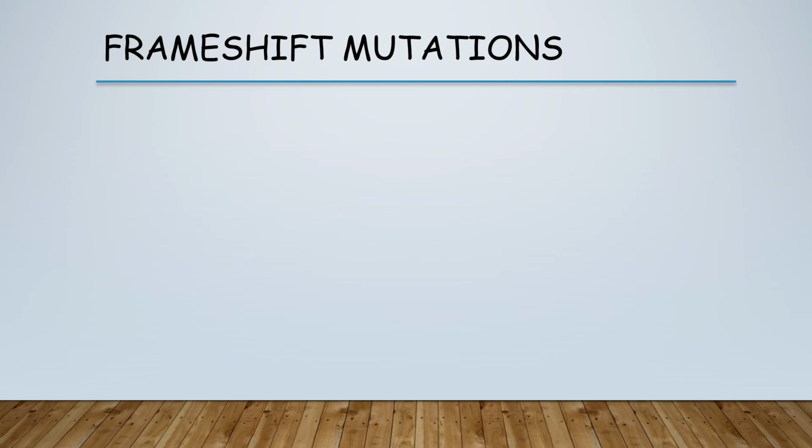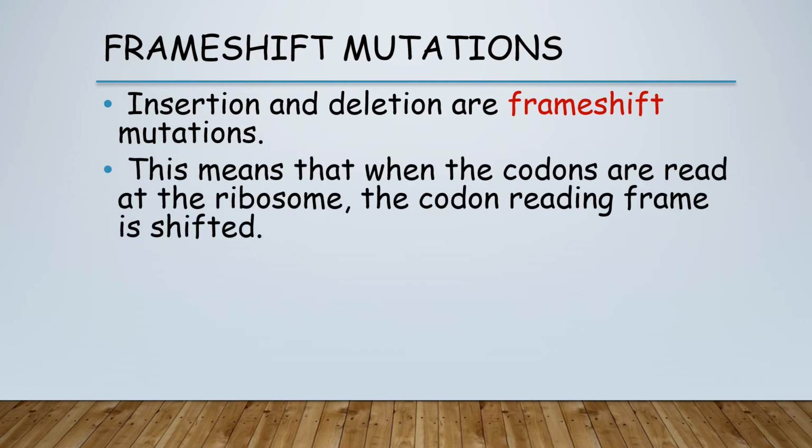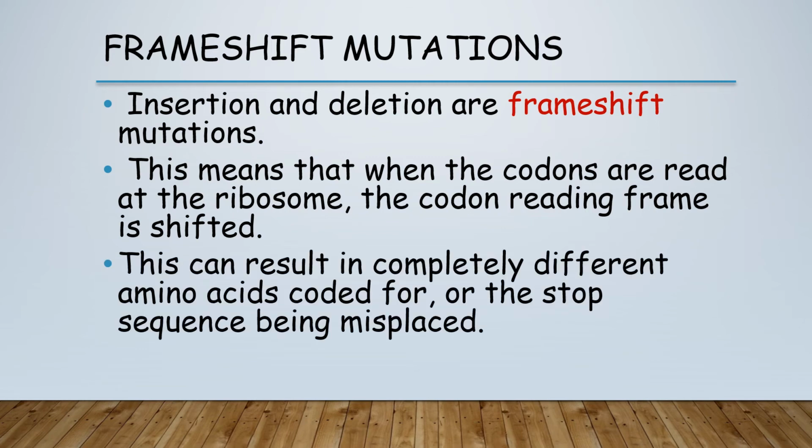So these insertion and deletion mutations are referred to as frame shift mutations. That's because when the codons are read at the ribosome, the reading frame of those codons is shifted. So remember, it's reading 3 bases at a time. You add one in or take one out, then where all the rest of the bases sit is changed, either forward or back. And that can result in completely different amino acids coded for.